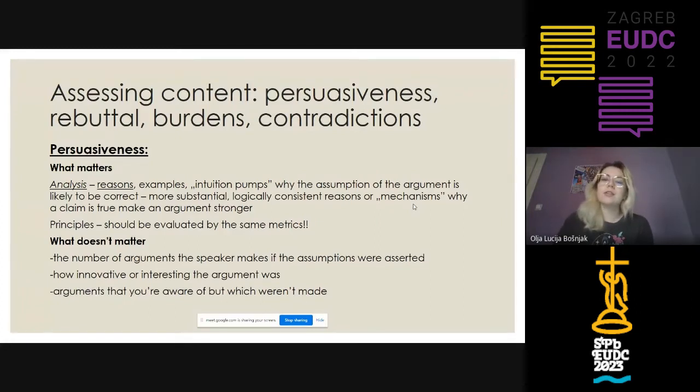If just the assumptions were asserted, so someone says, I have 5 arguments in this Prime Minister's speech, and they have 5 sentences which sound cool, but they keep repeating and they don't go beyond just asserting something will happen without any incentive analysis, characterization that makes it likely to be true, etc. Then it just doesn't matter if they have 5 of those that are plausible-ish, and then let's say Opposition had 3 arguments that were well made, right? So the number probably doesn't matter.